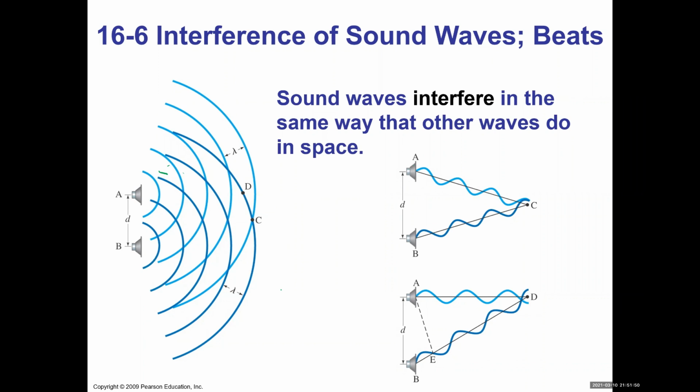All right, so you can also look at it from here. So if you choose some point C, what we have here is this is the sound that is coming from speaker A. It gets to the point C, then this is the sound that comes from speaker B, gets to that point C. And if at point C they have crest with crest or trough with trough, then you get constructive.